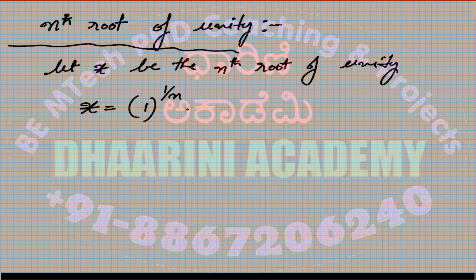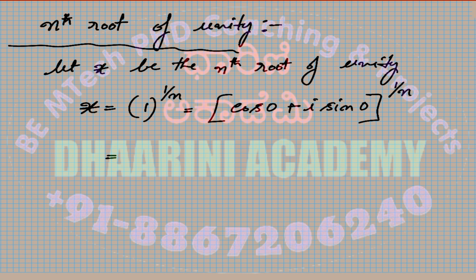But 1 can be written as cos of 0 degree plus i sine of 0 degree, whole raised to the power 1 by n. 0 degree is the same as 360, which is the same as 720 and so on.